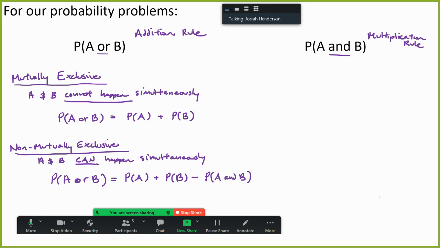How do we start to know? In your question, we have to identify, is it saying event A or B, or is it A and B? So this is today's new information on the right. So independent events.